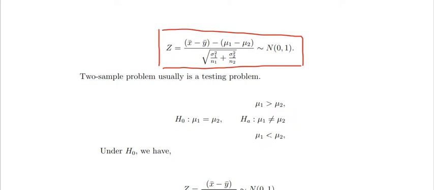So which one should we pick? One side or two sides? This depends on the question, on what we want to say. If we want to say class 1 is better than class 2, we should use mu1 larger than mu2, right? If we just check whether two groups of people have a difference or no difference, and we don't care which is higher, we just say they are the same or not the same, maybe we can use mu1 not equal to mu2, right?